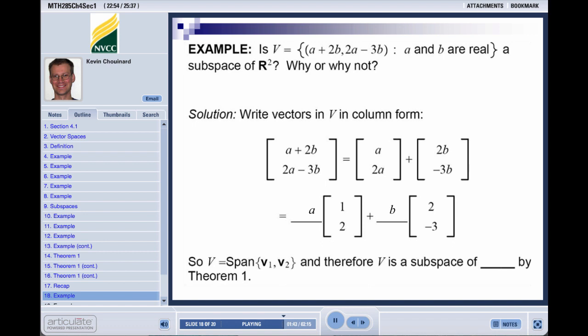If V sub 1 is the vector 1, 2, and V sub 2 is the vector 2, negative 3, then this collection of vectors is the span over those two vectors. And anytime you look at a span, it is going to be a subspace. So we do have a subspace, and it's a subspace of R2, using the theorem that we just proved about spans. Anytime you have a span, it's a vector space. It's a subspace.